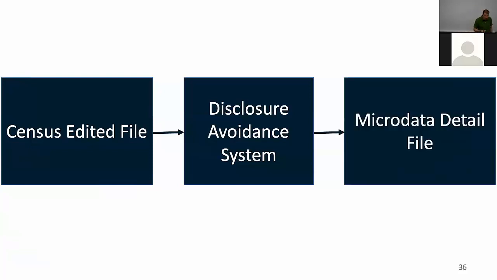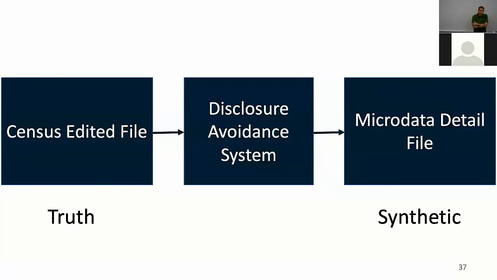The output of the DAS is what's called the microdata detail file. That is the differentially private individual level data that are produced. That microdata detail file will then be the input to the tabulation software that creates PL 94-171 for redistricting, that creates summary file 1 from the 2020 census, and that would create other types of products that will come out of the 2020 census.